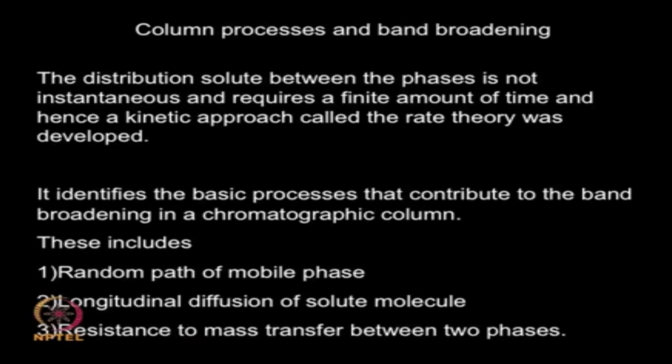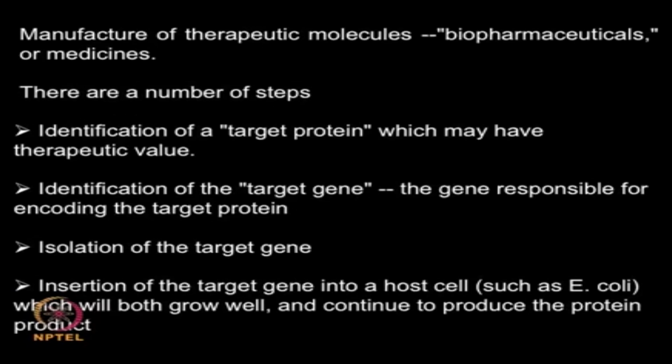These processes need to be considered when you are giving a finite time for the solute to get distributed between the stationary and the mobile phase, because the solute has to travel in a random path through the mobile phase. Then there is a longitudinal diffusion of the solute molecules, then there is resistance to mass transfer between these two phases. So all these factors come into the picture, hence there is a finite time for it to get distributed, as well as there is a broadening of the peak as it travels from the entrance of the column to the exit of the column.